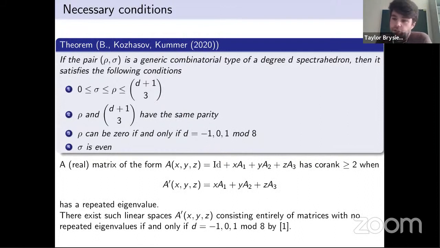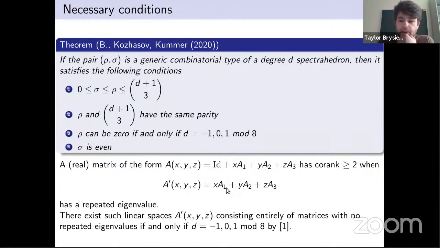So just to give a short description of how number 3 is shown, remember that these singular points correspond to matrices of corank 2. And one of these matrices in this space will have corank 2 or greater whenever we just look at the part not involving the identity, this has a repeated eigenvalue. You can imagine then if you have a repeated eigenvalue, take minus that eigenvalue times the identity, right?